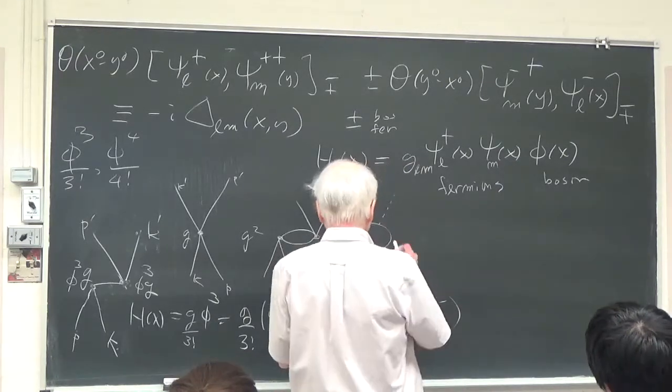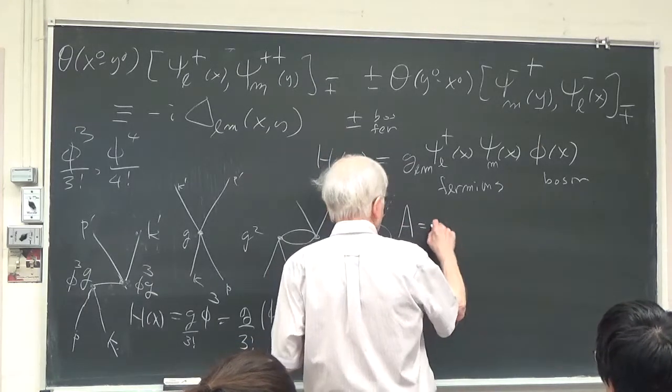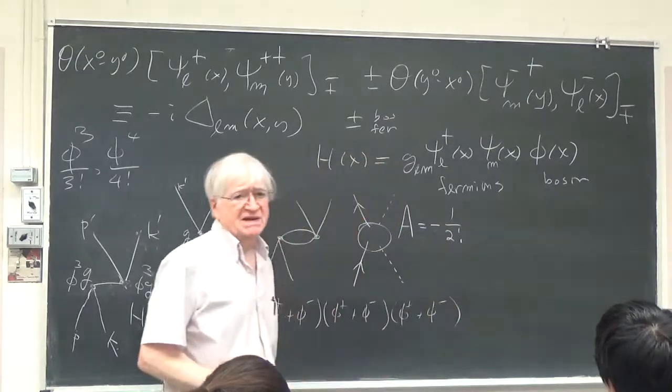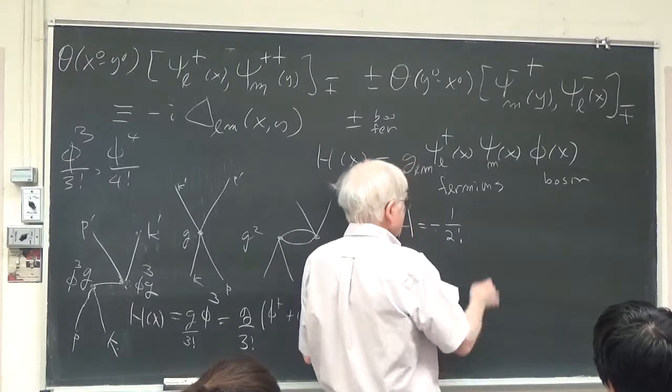And so the amplitude is going to be minus 1 over 2 factorial. The minus sign comes from minus i squared, and 1 over 2 factorial from expansion of the exponential.